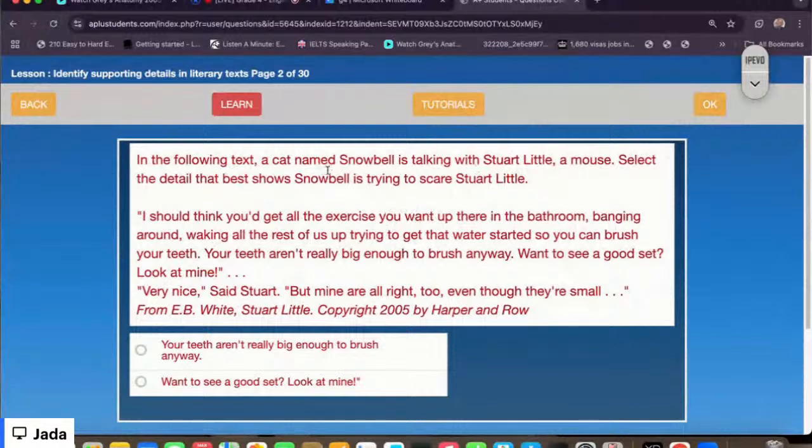All right. In the following text, a cat named Snowbell is talking with Stuart Little, a mouse. Select the detail that best shows Snowbell is trying to scare Stuart Little. So, what do you think is the right one for this one? What's the best one here?